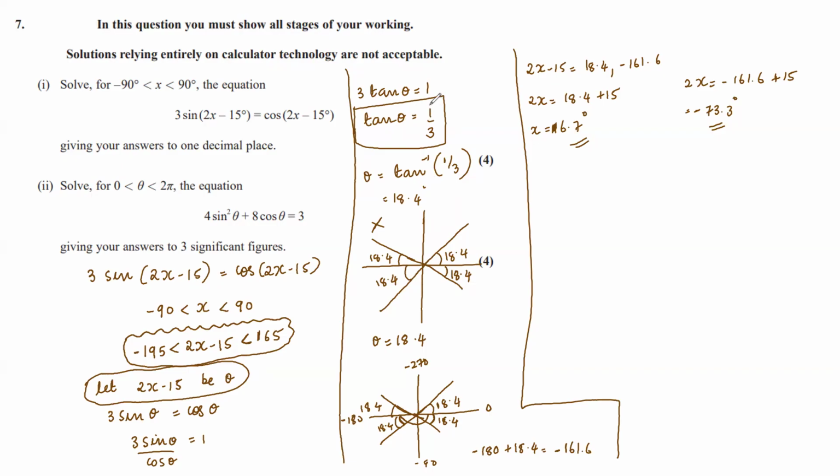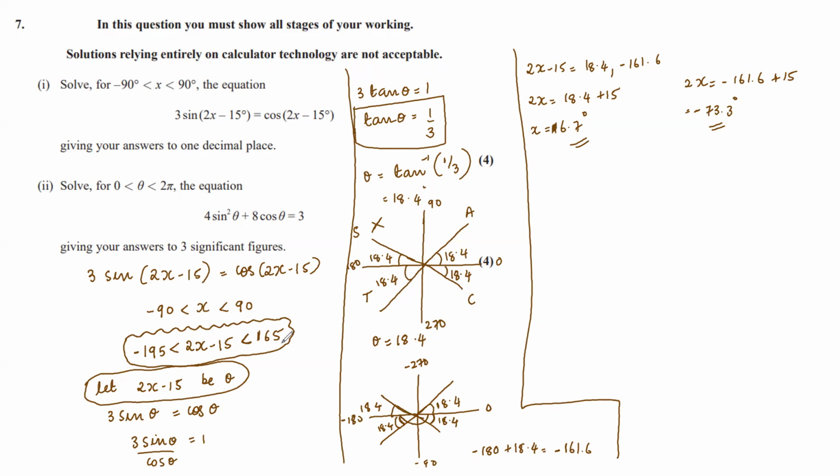Now here tan on the right-hand side is positive, and we know that tan is positive in the first quadrant and the third quadrant. So this is 0, this is 90, this is 180, and this is 270. So apart from the first quadrant where the angle is 18.4, tan will be positive between 180 and 270.